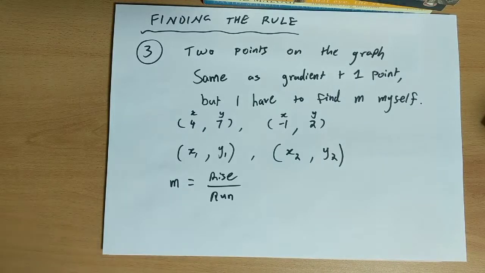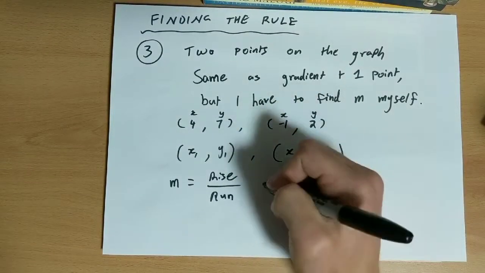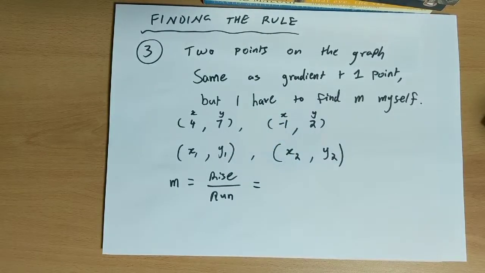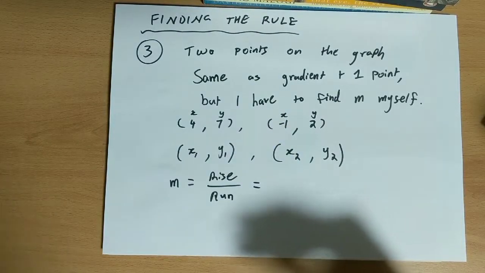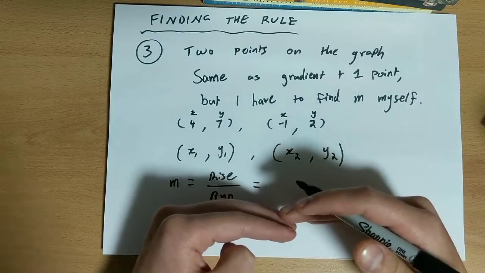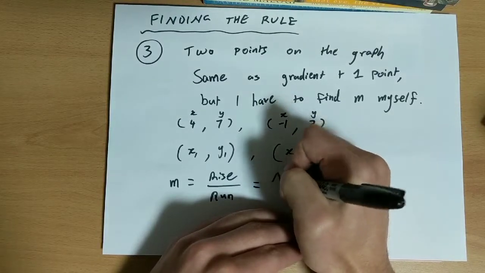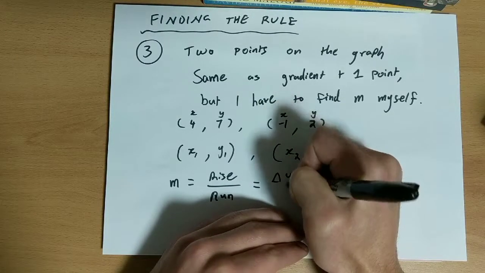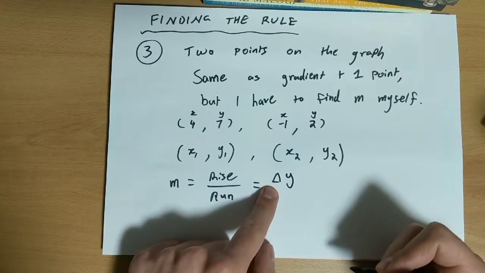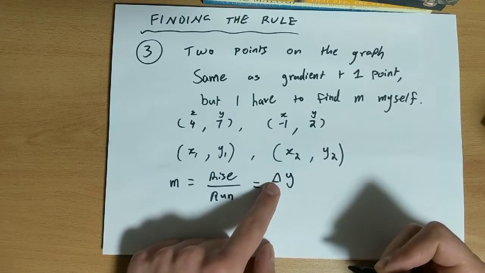And there's 2 other ways that I'm going to write that are going to help us solve these types of questions. The rise. How much do I go in the vertical direction when going from 1 point to the next? So I'm going to think about that as this. Now, we haven't introduced this symbol yet. All it means, it's the Greek letter delta, and it just means the change.